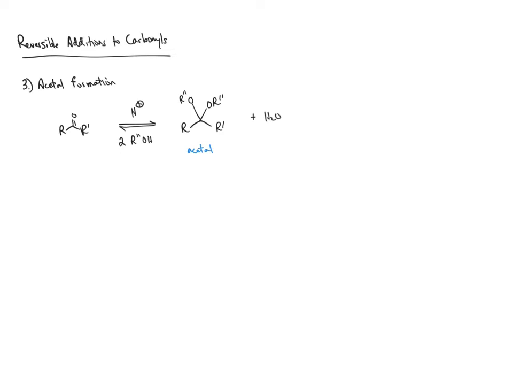Now notice that this reaction is only acid catalyzed. The forward direction is acetal formation. Obviously, the reverse direction is what we call hydrolysis. All right, so the forward direction is acetal formation, or sometimes what we call protection.